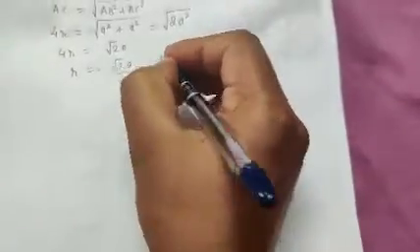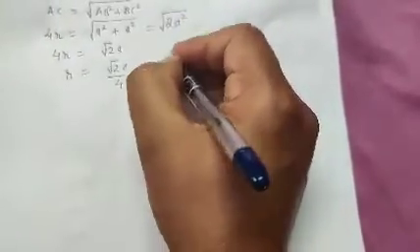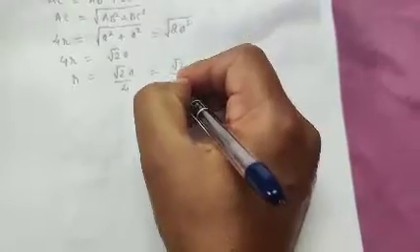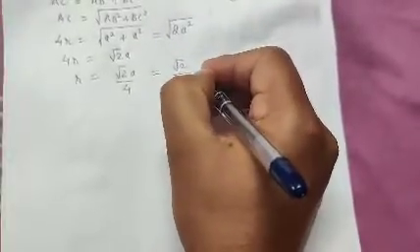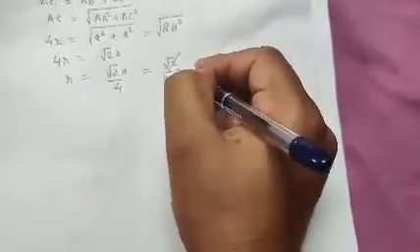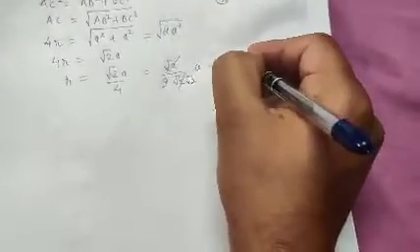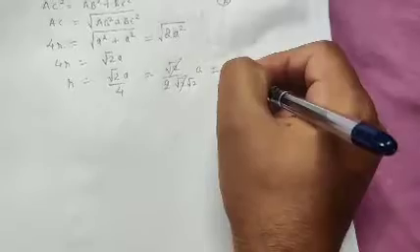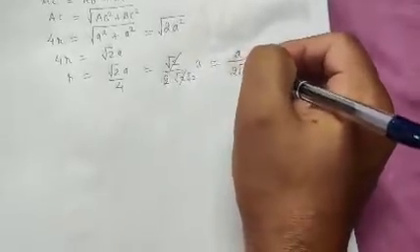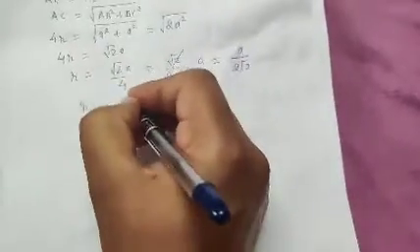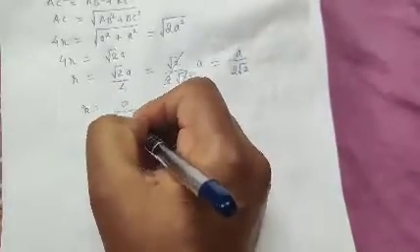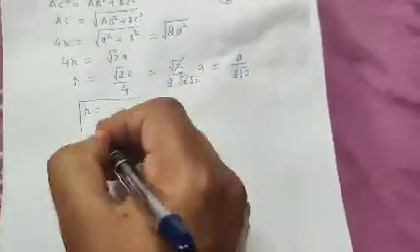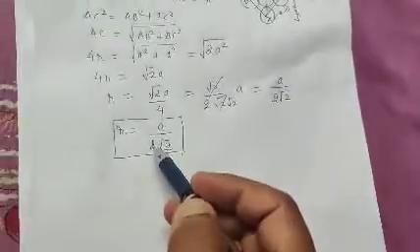So this can be written as under root 2 into under root 2 a. This will be cancelled, so this will be a upon 2 into under root 2. So therefore r will be a divided by 2 into under root 2. So this is the atomic radius in the case of the face centered cubic lattice.